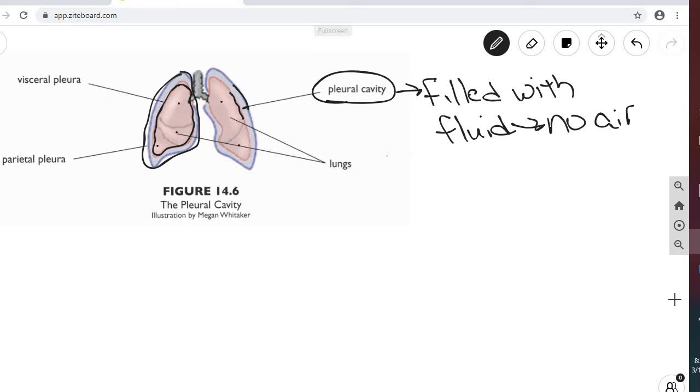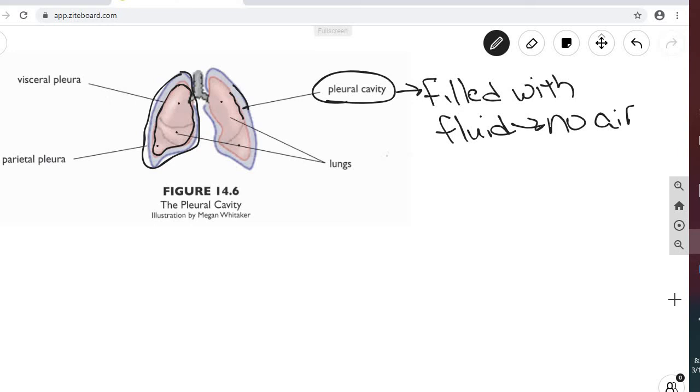So that when the lungs are inflating, that creates a negative pleural pressure in here, like a vacuum, because the pressure in here is lower than the atmospheric pressure. So the lungs create a suction to keep them open, to keep them from collapsing.